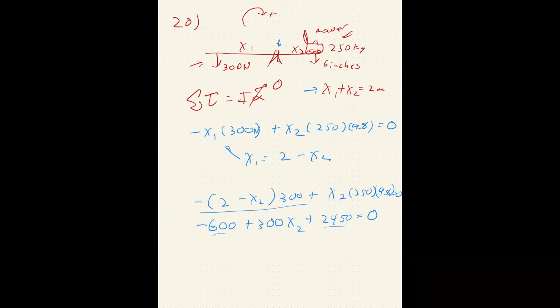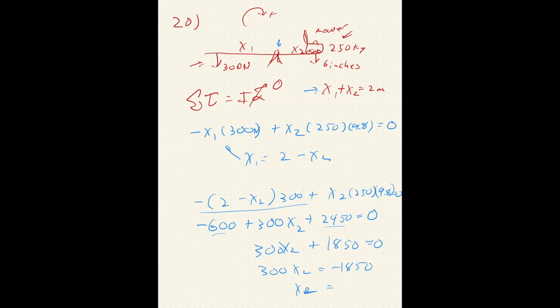And so basically I get 300 x2 plus 1850 equals 0. And so here's my problem with that. If I go ahead and solve this, I'll get 300 x2 is equal to negative 1850.